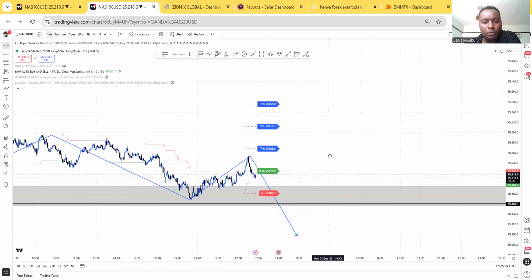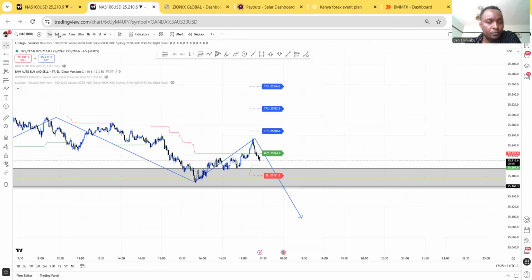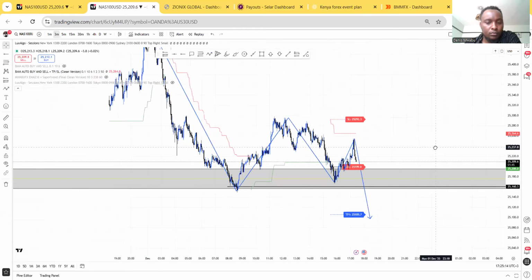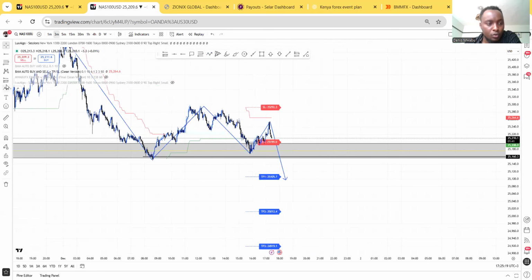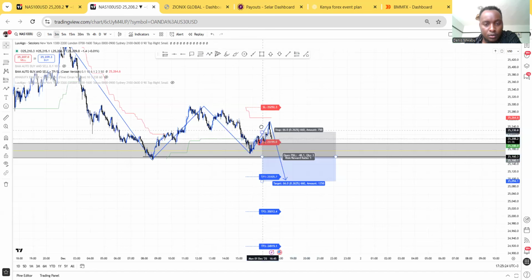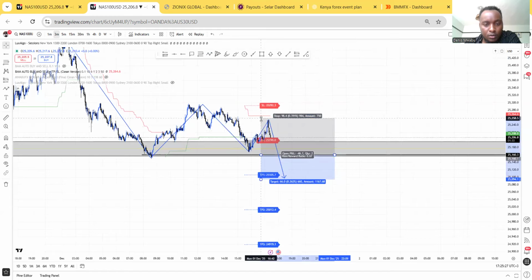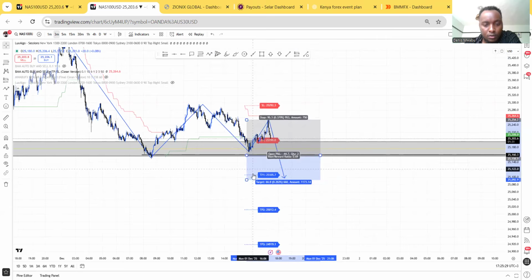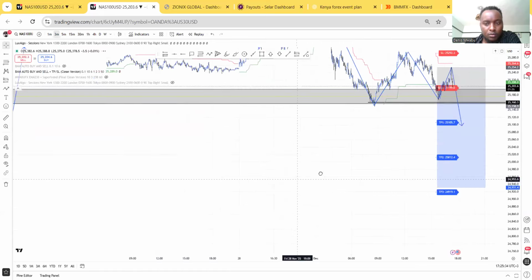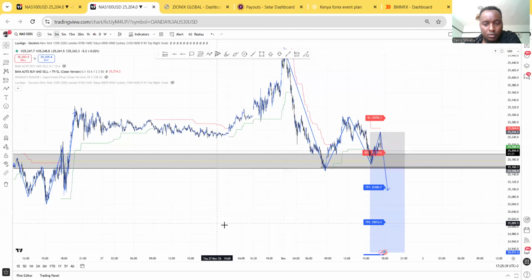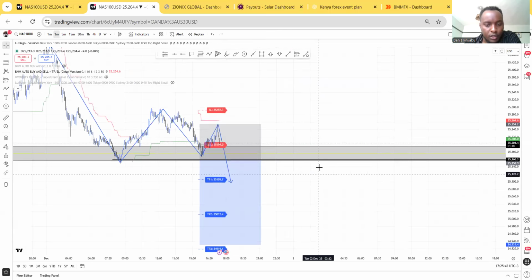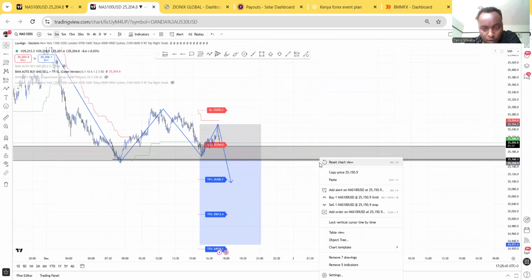It is when it breaks it from below that we'll be able to participate in the sells. So we'll just wait and see. Maybe just put an alarm here.